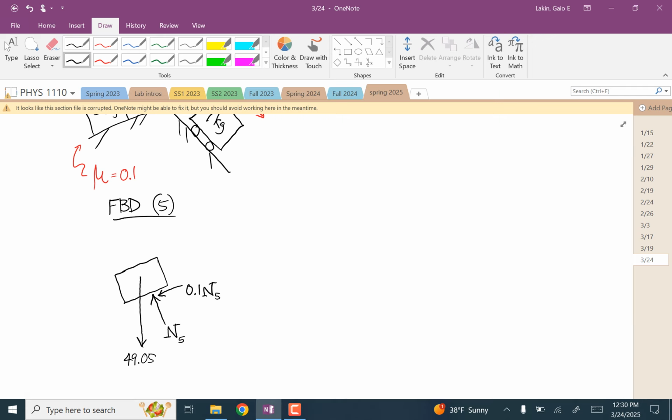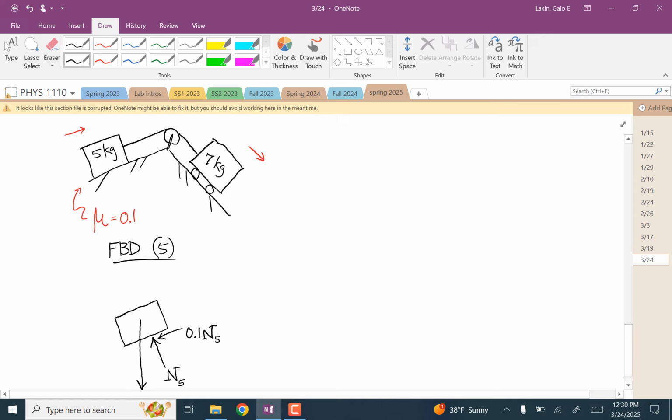Okay? And then the last contact with the boundary is the cable. That force is parallel to the cable, away from the body, and I'll name that T. Any questions about that one?